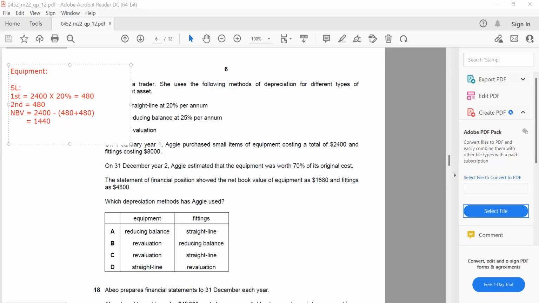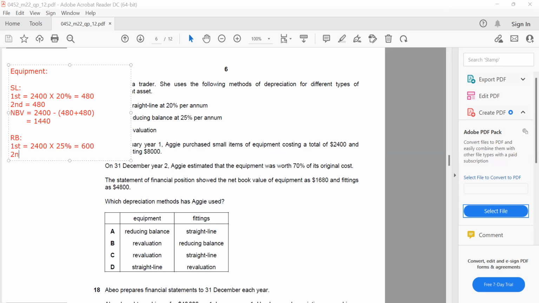Whereas if I use reducing balance, first year, reducing is 25%. So I take 25%. So I get 2004 times 25%, which is 600.